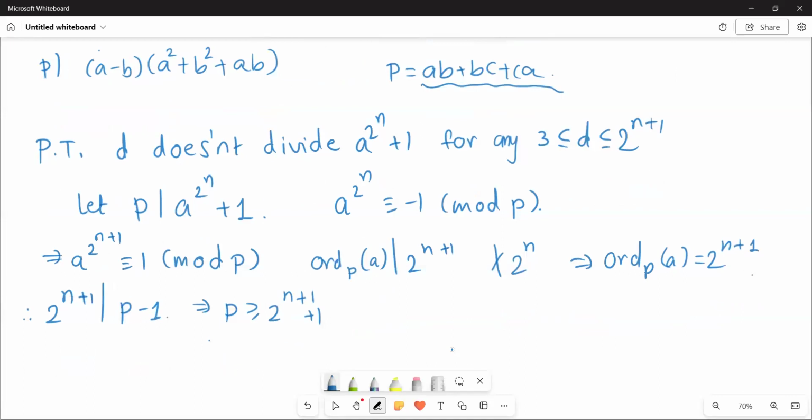Since a divisor is just a product of primes, the divisor should be at least bigger than 2 to the power n plus 1. So hence proved. Did everyone follow? If you have any doubts, you can ask. Okay, I think everyone followed.